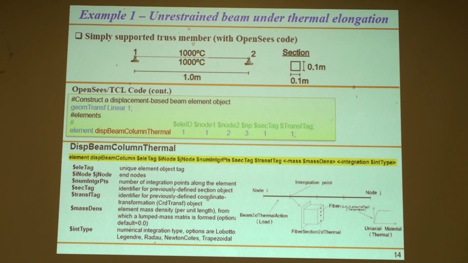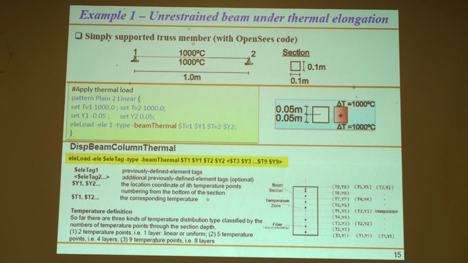So we heard Vesna today showing that if you want to use more elements, that's fine, but typically 3 is a good number to use for the displacement beam column element. And section tag and transformation tag. Okay, I have given all the code and what it represents in this example.